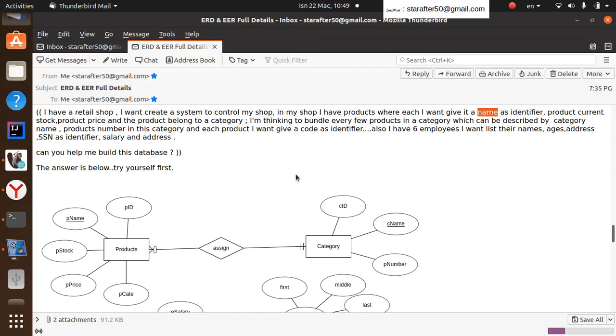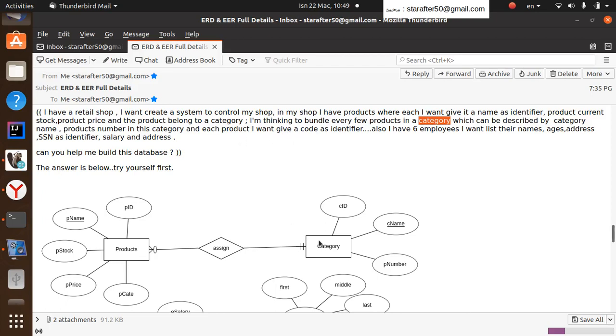The same thing will go for the category. When he said category, he said it can also be described by category name, product number in this category, and this category will have a code also.